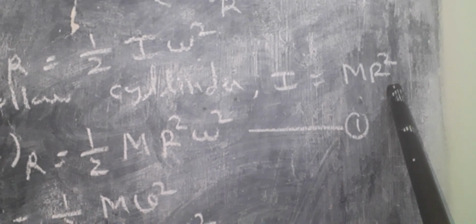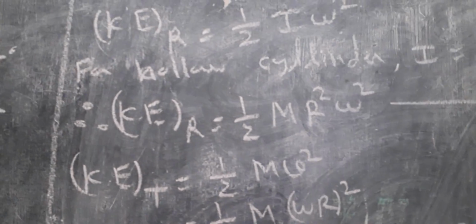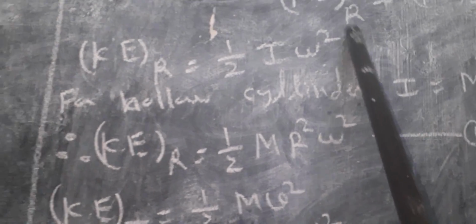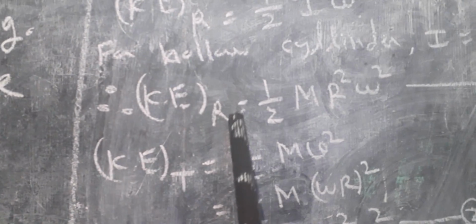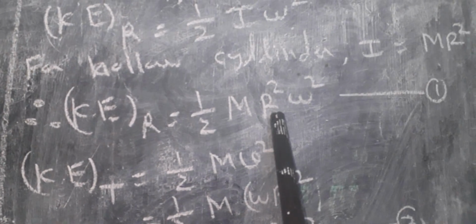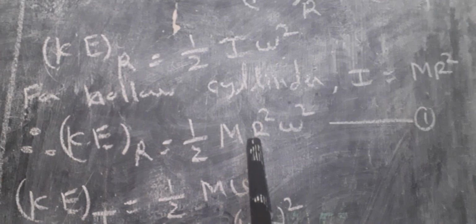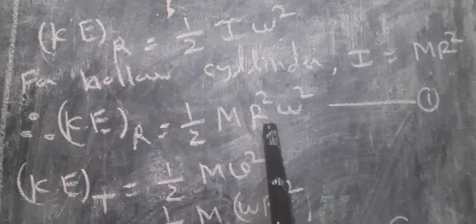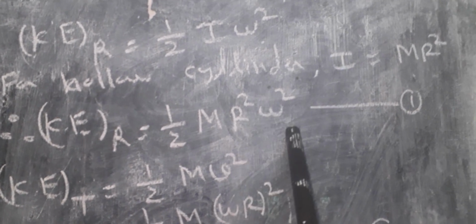Standard formula is there, so we should know this. Putting this value in this equation, we get kinetic energy of rotation equal to 1/2 I omega square. That means in place of I, I'll write m r square omega square.